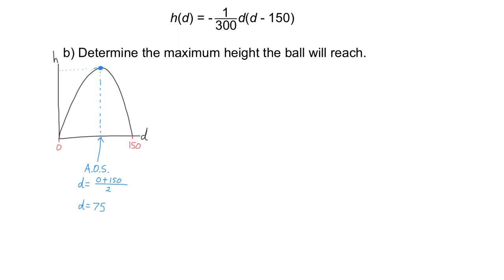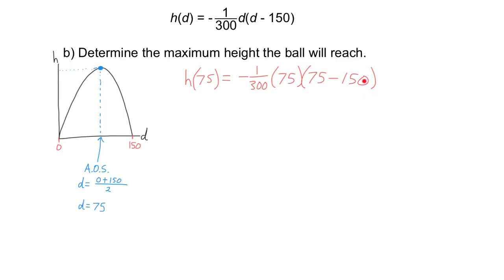First off, the axis of symmetry, it's halfway between 0 and 150, which means d is 75 at the axis of symmetry. When it's gone 75 meters away, how high is it? Well, that's where this equation comes in. We want to find the height when the distance is 75 meters. So we replace d with 75.